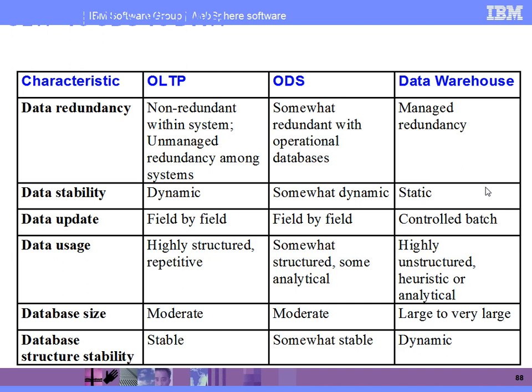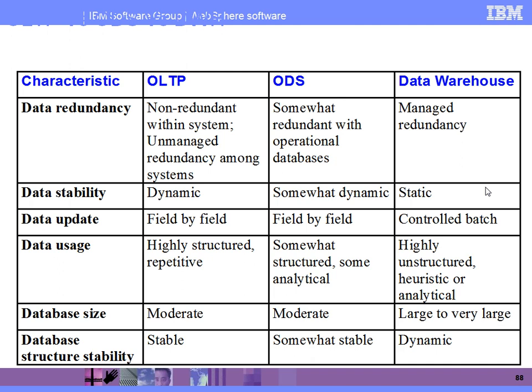In warehouse systems we have highly unstructured, heuristic or analytical data. Mostly the data in the warehouse may be unstructured also, but it is useful for analytical purposes. While maintaining the data, we make it summarized data.